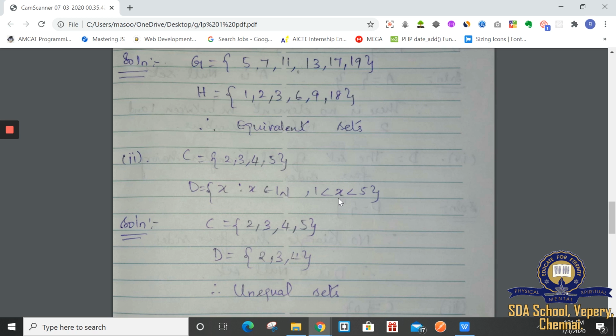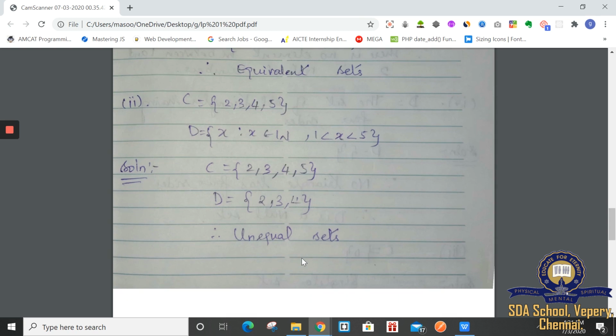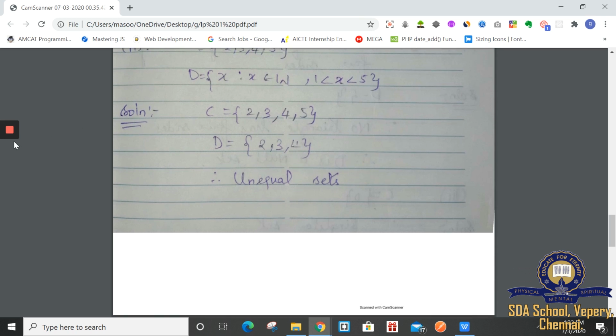So, what are the whole numbers between 1 and 5? Obviously, it is 2, 3, and 4. Now, if you see, neither are they equal nor are they equivalent. Thus, they are unequal because the number of elements are also not the same.